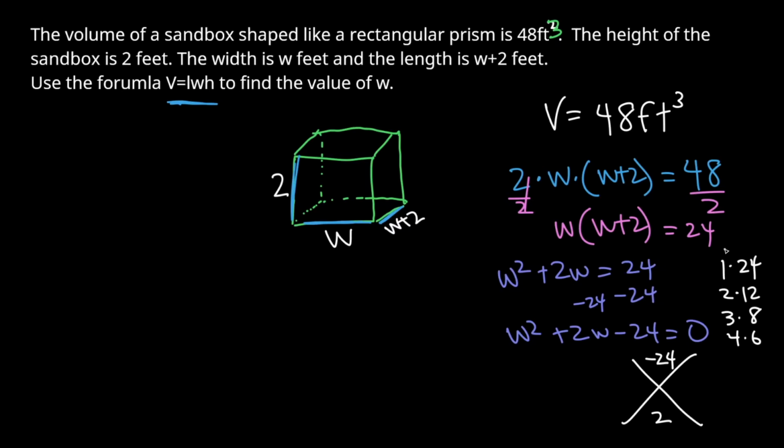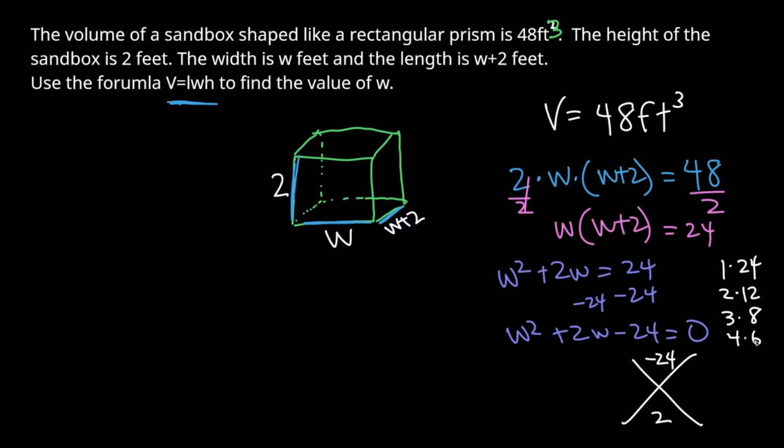So one of these factors will be negative. We want to get an idea of which one's going to be close to 2. If I subtract any of these, it's not close to 2. That could be 10 or negative 10. This is 5 or negative 5.